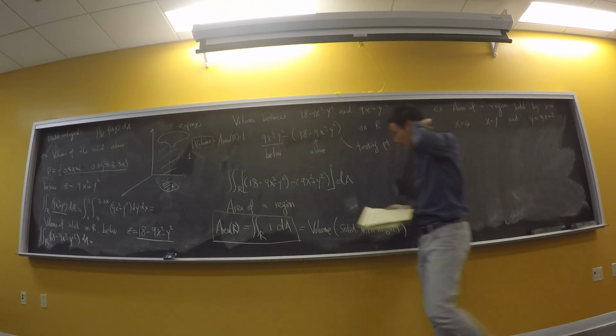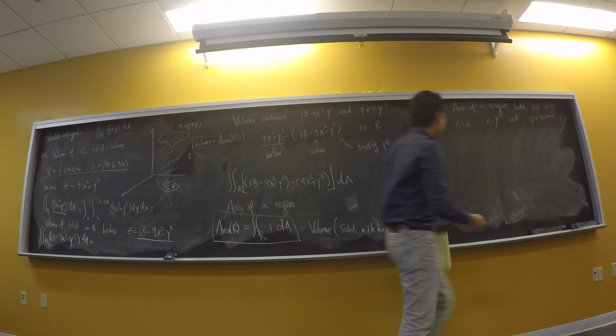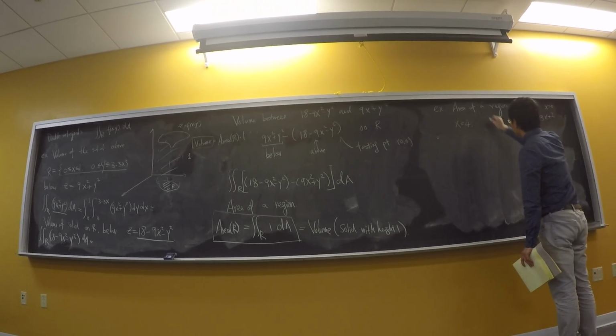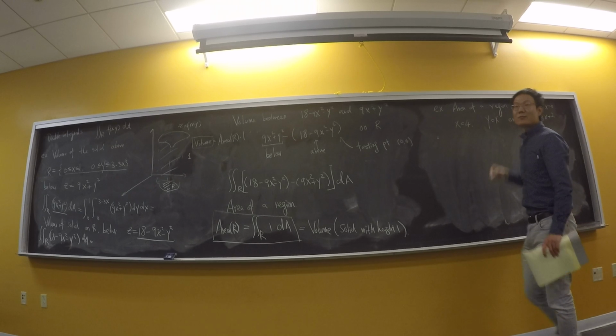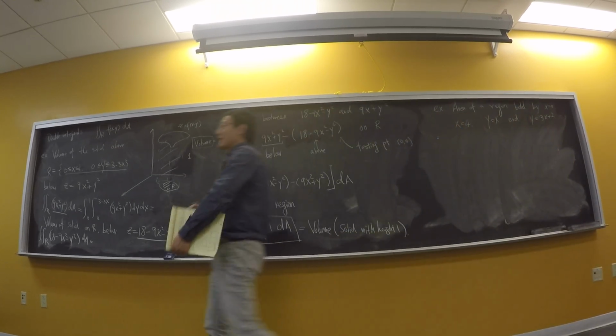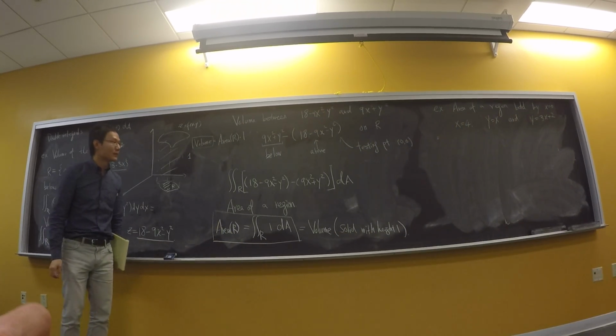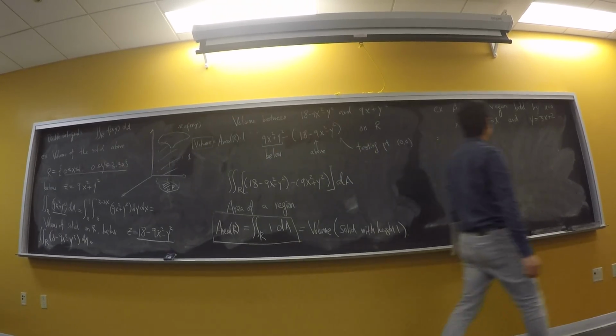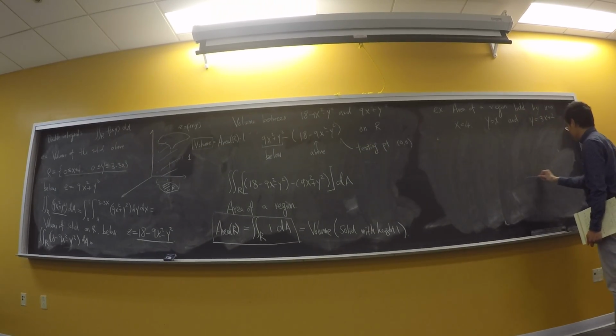Okay? Should it be 1 for x? Yeah, you can write it as y equals x. Doesn't really change too much because now we're really good at x simple and y simple regions. And so you can regard x and y interchangeably. So I have this area. I want to find the area of the region. This region is in the xy plane.